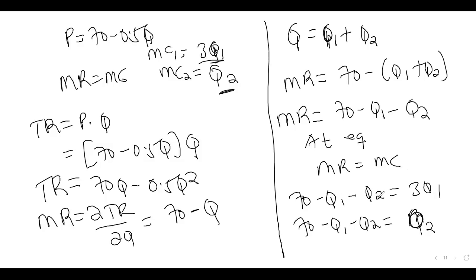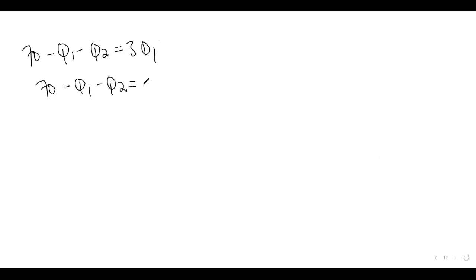So we have to solve these equations simultaneously to get the output. Let's use the substitution method. We have 2 equations. Equation 1: 70 minus Q1 minus Q2 is equal to 3Q1. Equation 2: 70 minus Q1 minus Q2 is equal to Q2.